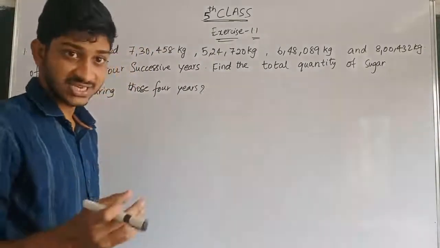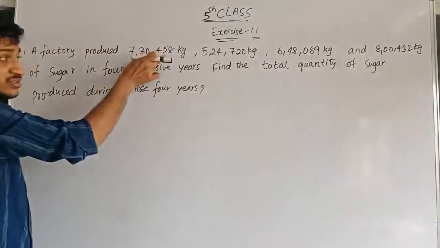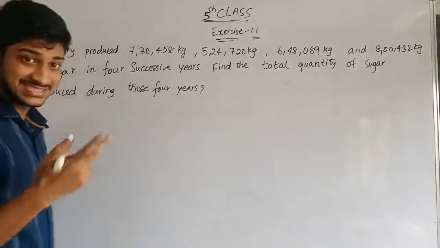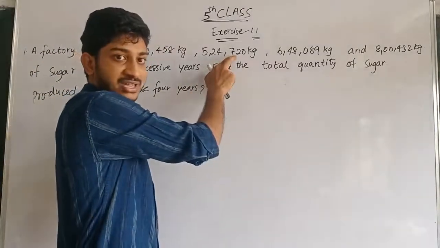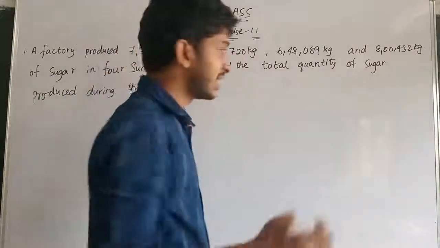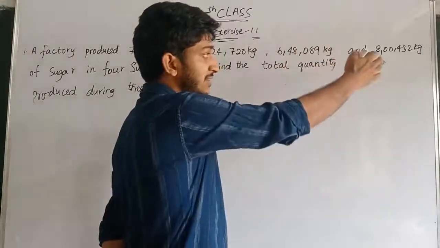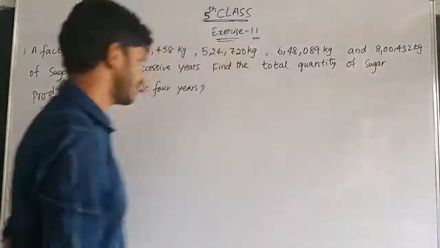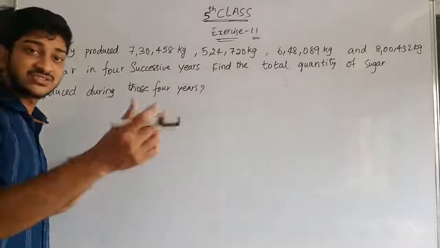In the first year, the factory produced 7,30,458 kgs. In the second year, this is the amount produced. In the third year, this is the amount, and this is the amount produced in the fourth year.